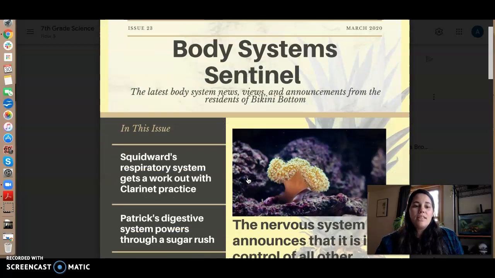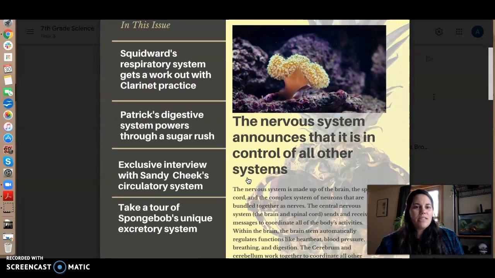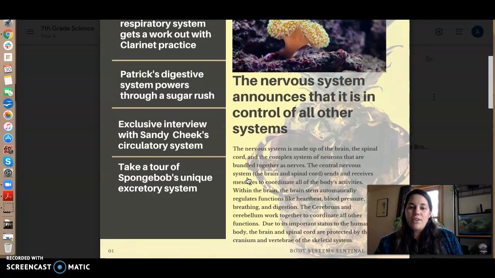So you can see in this issue, we've got Squidward's respiratory system, Patrick's digestive system, Sandy Cheek's circulatory system, and SpongeBob's excretory system. I used the articles here as the space to show my understanding of the different body systems, what the major organs are, how it works together with other systems.